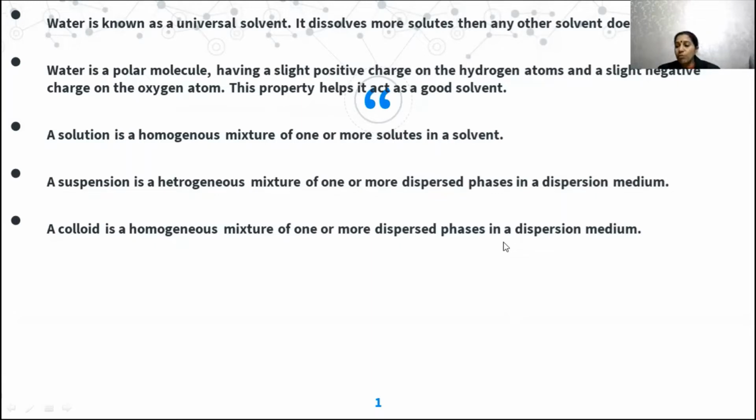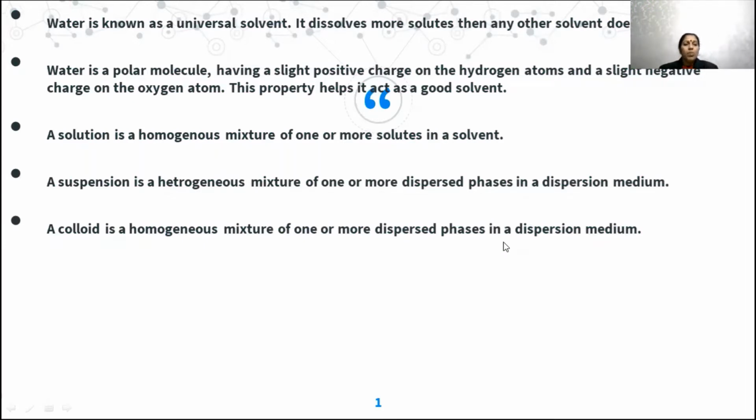For example, this helps a river dissolve many minerals from the soil and finally discharge them into the sea. Thus, we can see that a sea or an ocean is a vast store of minerals and other soluble substances. So this is an example.